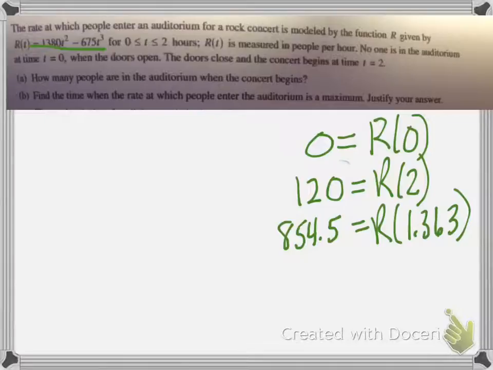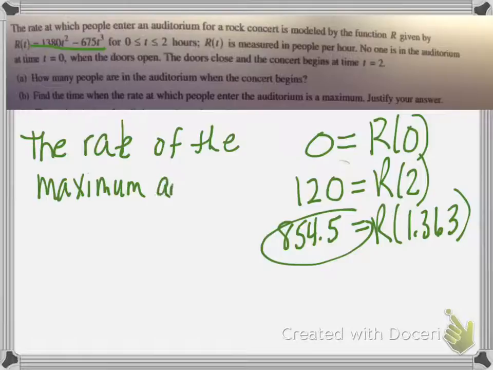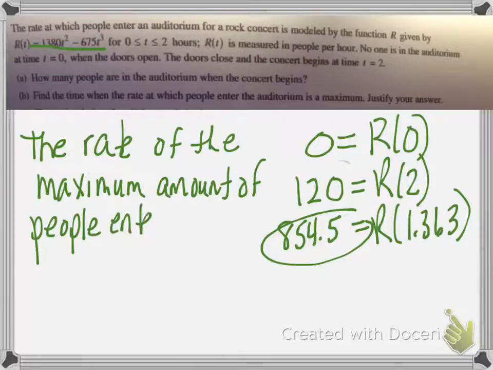But the question is saying when is there a maximum? And you can see there's definitely more people here. So you would say the rate of the maximum amount of people entering was at t equals 1.36929.